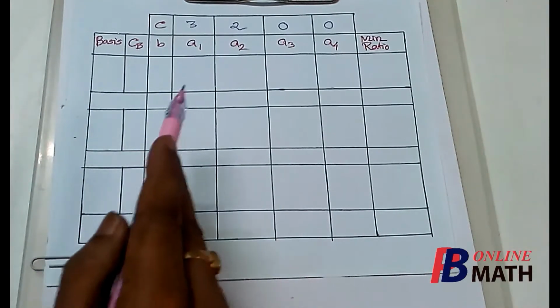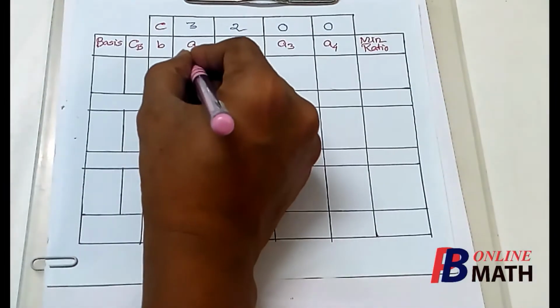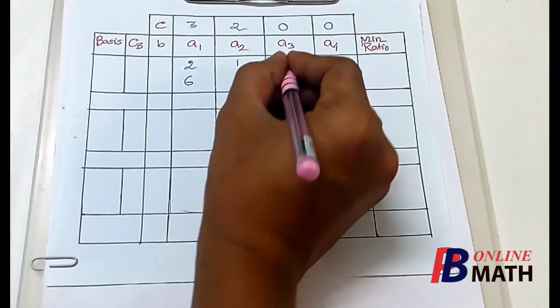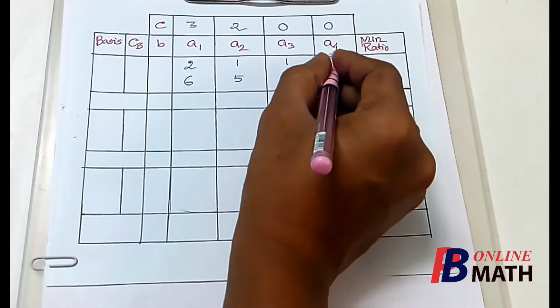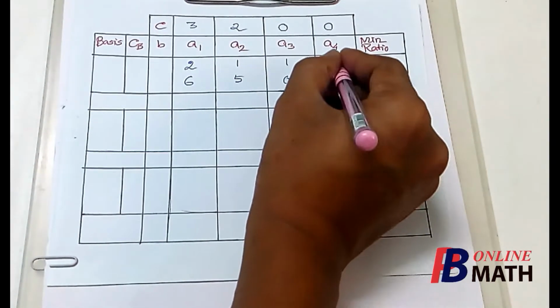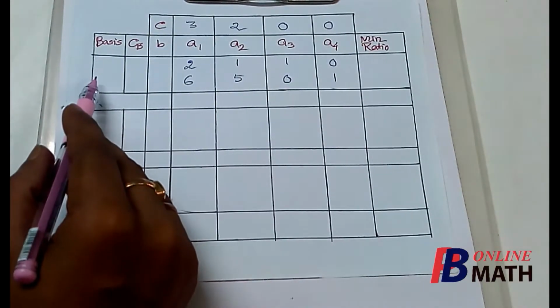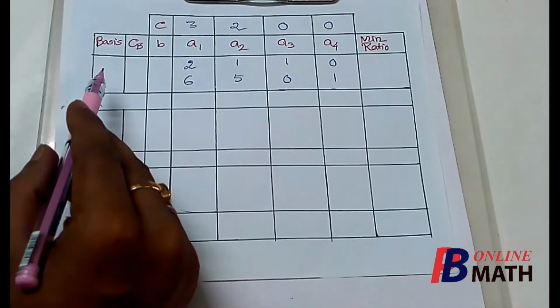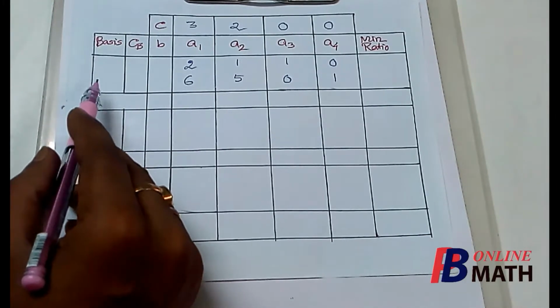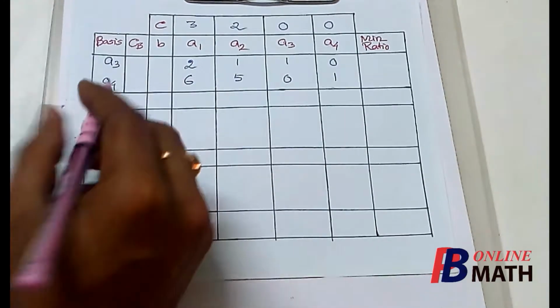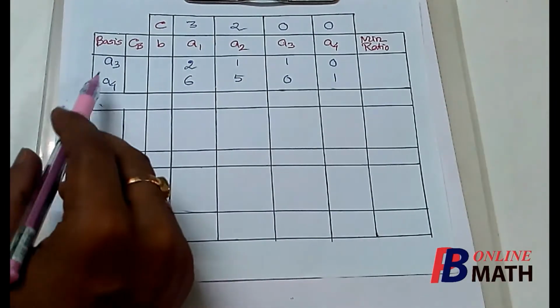Next we write the coefficient vectors. A1 is 2 and 6, A2 is 1 comma 5, A3 is 1 comma 0, and A4 is 0 comma 1. Now here we have to write the basic vectors. Initially we have selected x3 and x4 as initial basic variables. So A3 and A4 are our initial basis vectors.